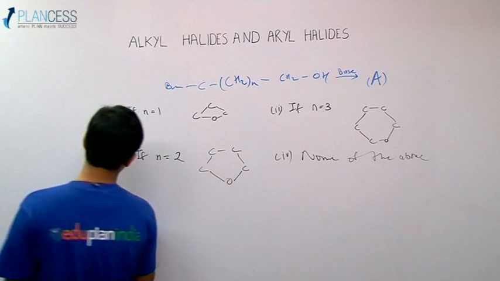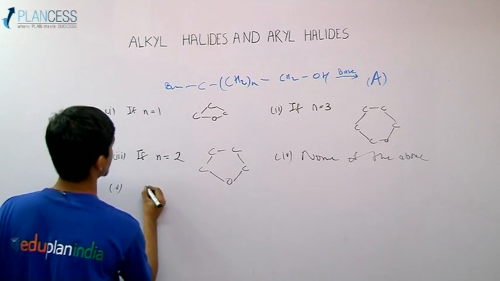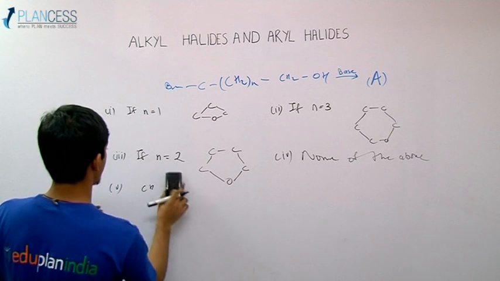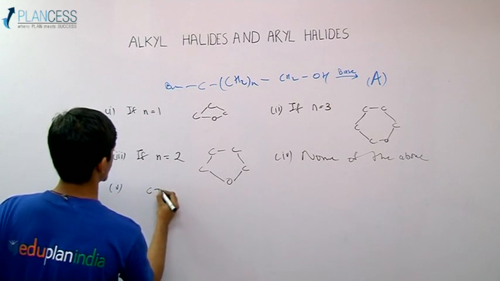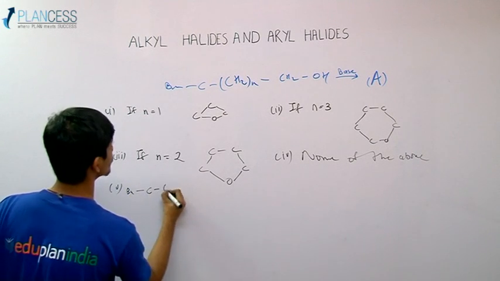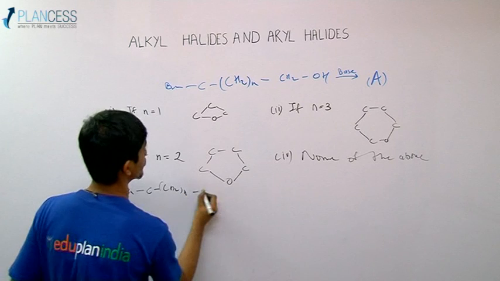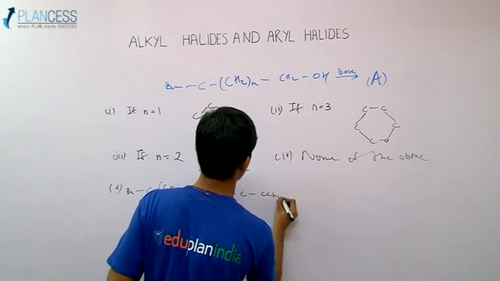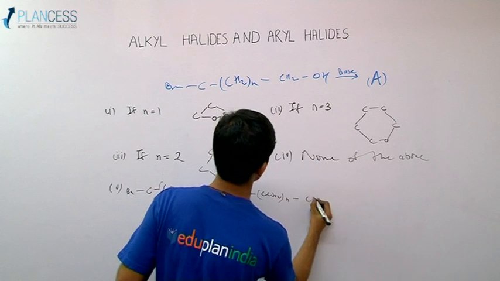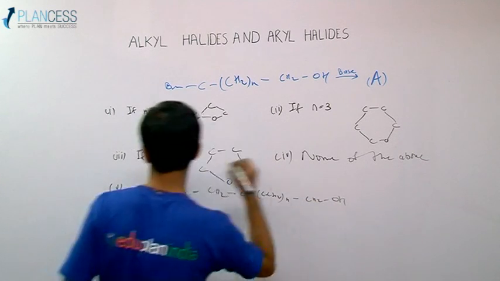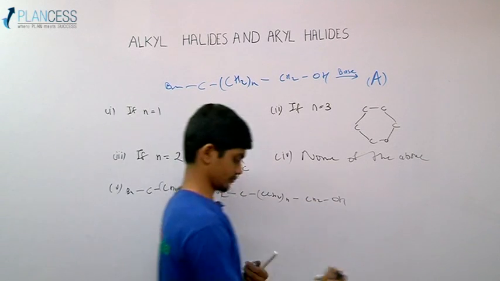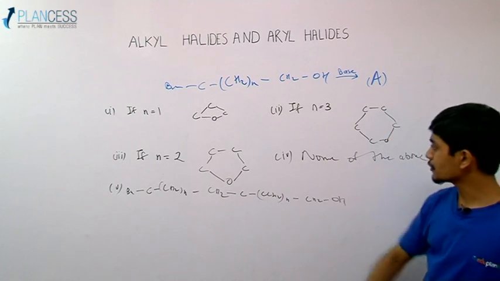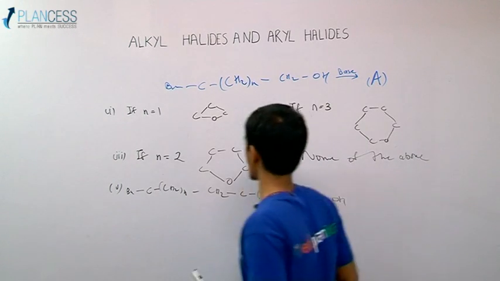And you can have a fifth option also, that C, Br, CH2 n, CH2, C, CH2 n, CH2OH. Fine. So these are the 5 options given to you, 1, 2, 3, 4, and the fifth one is none of the above.